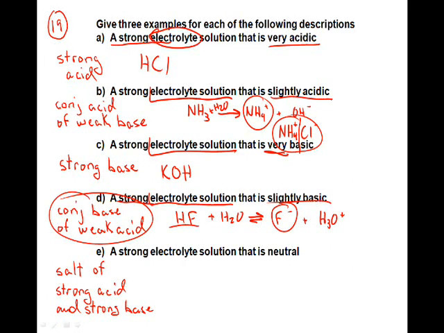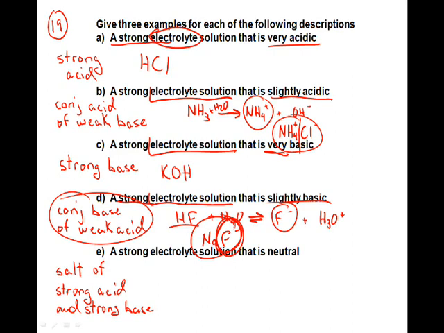Now the conjugate base is going to be slightly basic. So if you have something like sodium fluoride, it's going to be a strong electrolyte, but the fluoride ion that's present is going to make this slightly basic.